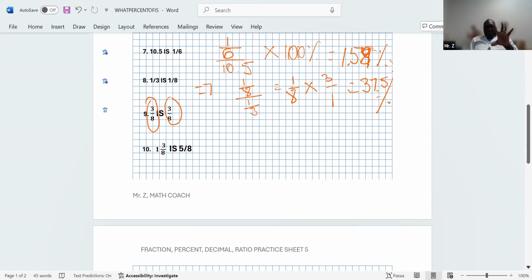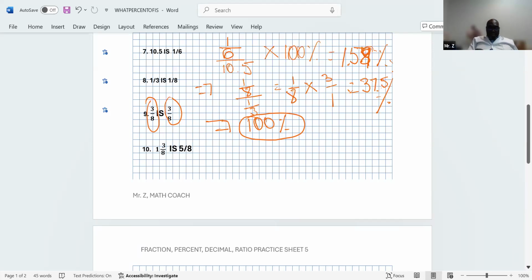So 3/8 divided by 3/8, then you multiply that by 100%. It gives you 1. Multiply by 100%. So it's right there, 100%. Okay, so 100% of 3/8 will give you that one. Okay, you got it? All right.